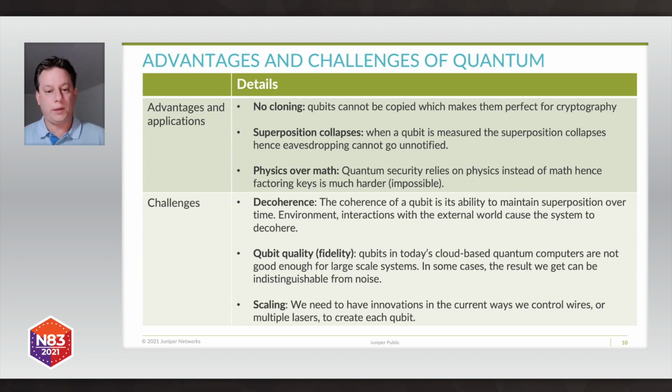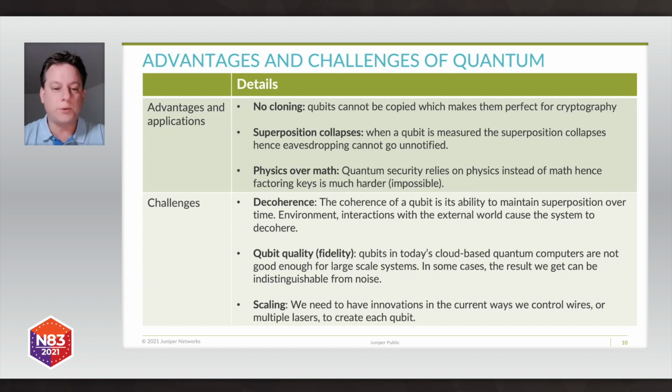So if Eve interferes in the conversation and tries to eavesdrop and measure the photon, the superposition collapses. So if then Bob will measure the same photon, it won't be in a superposition. So Bob will know that someone else already measured the photon.